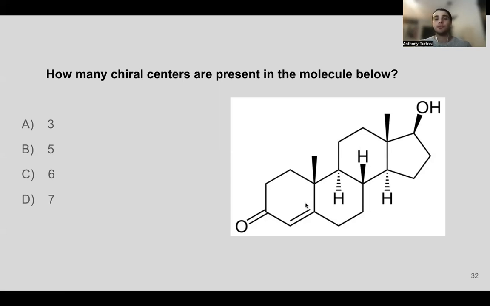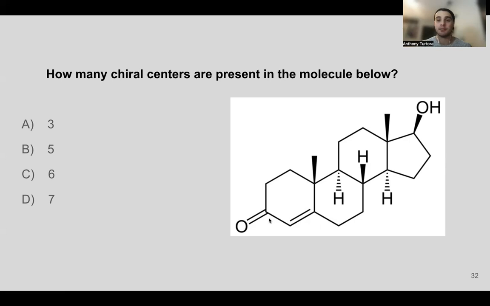First, what I'm looking for here is the carbons that have different substituents. When I am evaluating each carbon here, I'm looking for ones that have 4 groups that are all different, attached to the carbon.